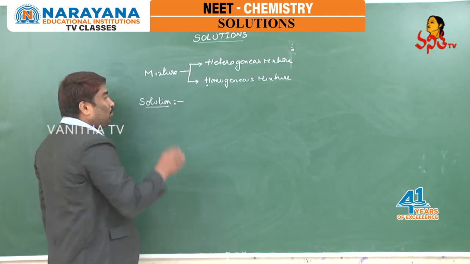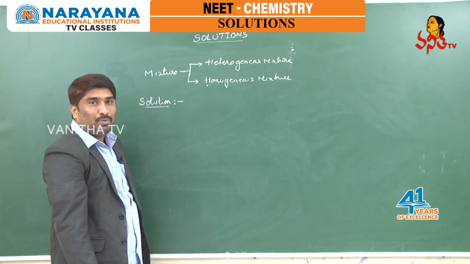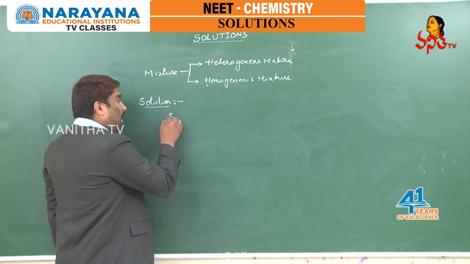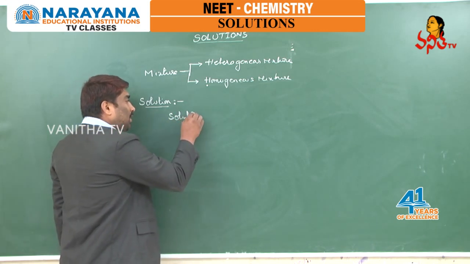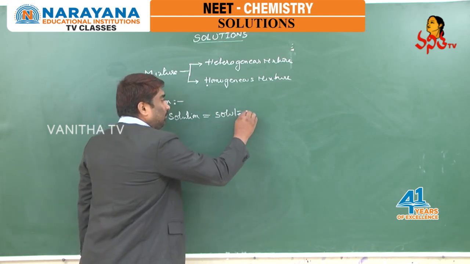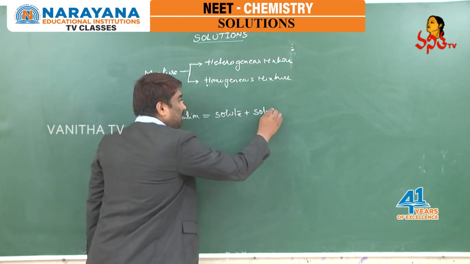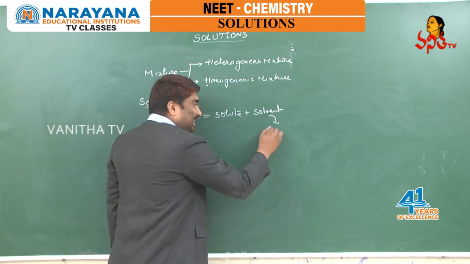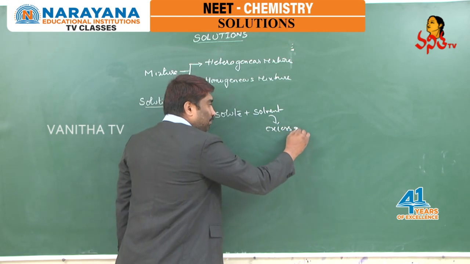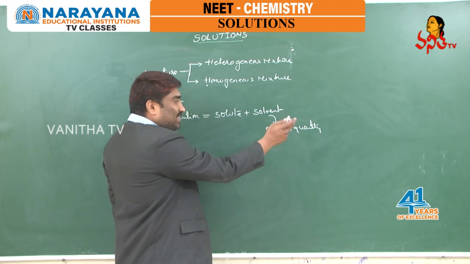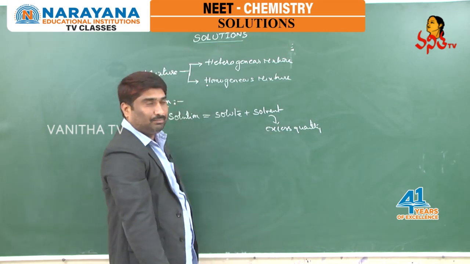And coming to the definition of solution, a homogeneous mixture of two or more components whose composition varies within certain limits is called a solution. Or you can write, solution is nothing but solute plus solvent. A substance which is present in excess quantity is called solvent, which decides the physical state of the solution.